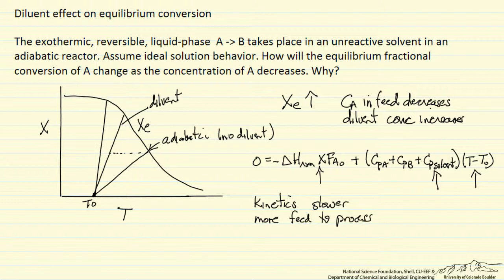And we have now created a more difficult separation because we have to separate the products and the unreacted reactants from the solvent. So there's a trade-off between these, and as usual, economics determines how we would do this. But this shows what the effect of diluent is for a liquid phase reaction.